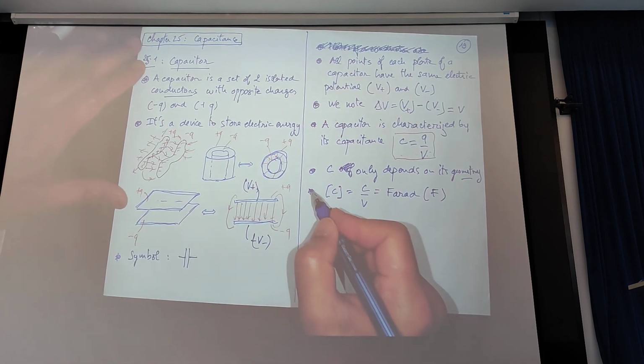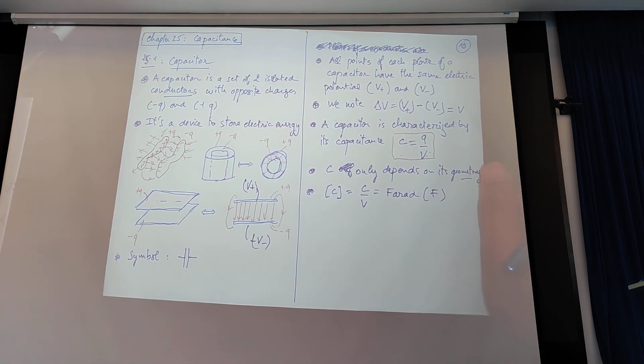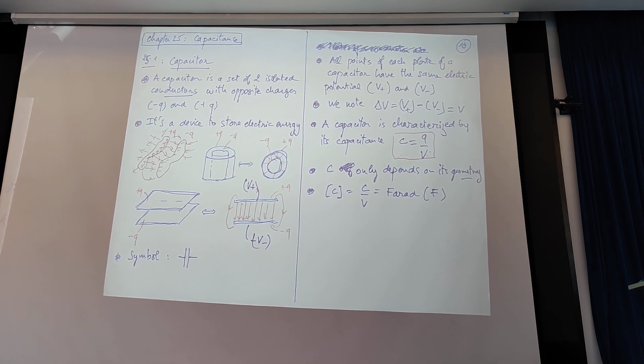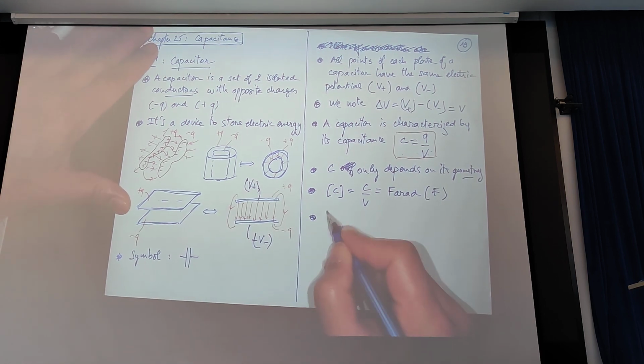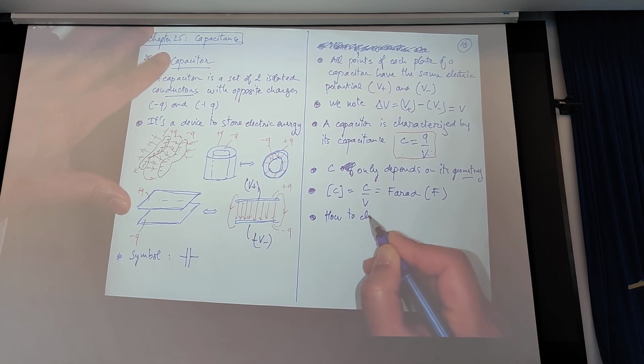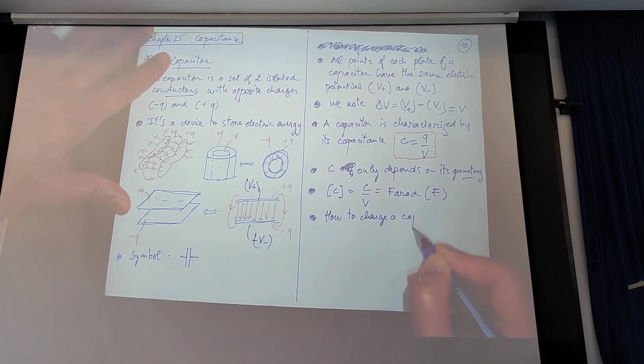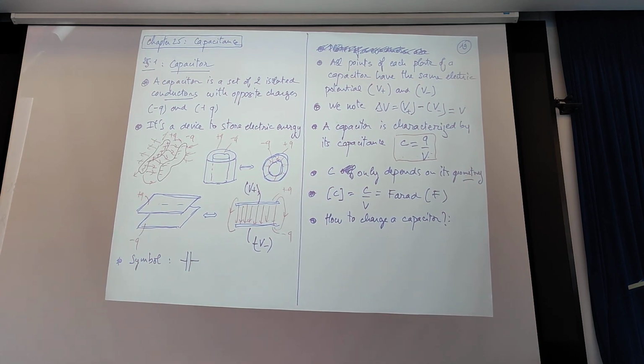Okay, so at the beginning, a capacitor is only an ensemble of two conductors, so the conductors are not charged. So how can we charge a capacitor? We just have to connect the capacitor to a battery. Okay? So I'm going to draw. So this is a battery.